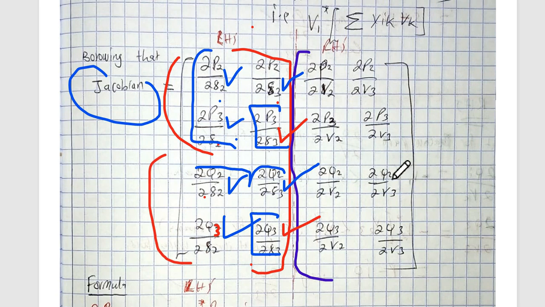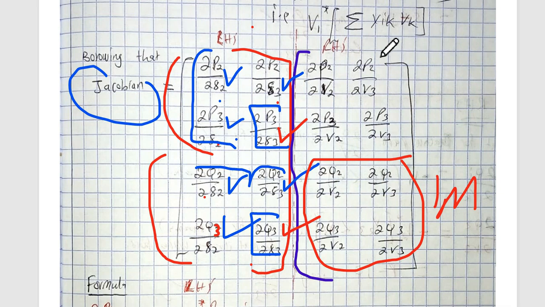For the right hand side, you will be differentiating these partial q's, and the imaginary will be the partial q's, but negative of real will be partial p's. So this is a negative real and this is imaginary. This is imaginary, this is negative real. So here is imaginary, here is real.